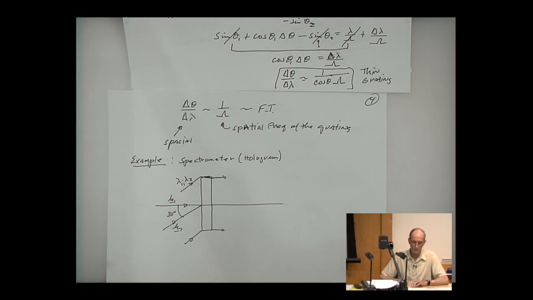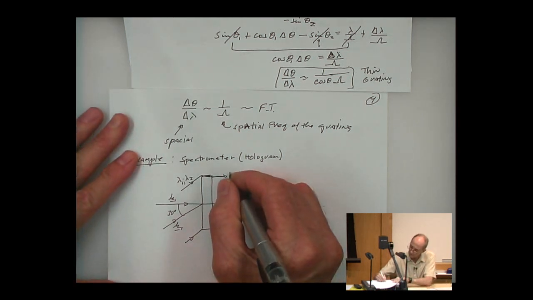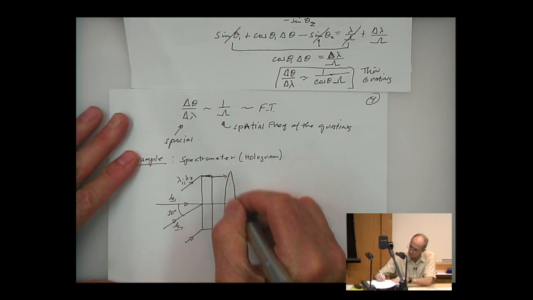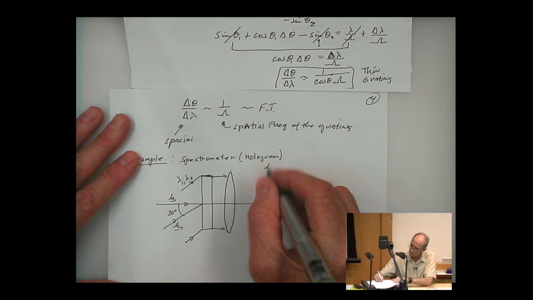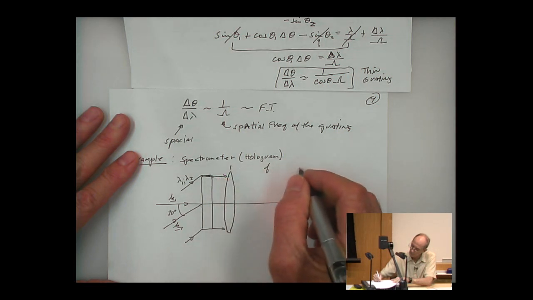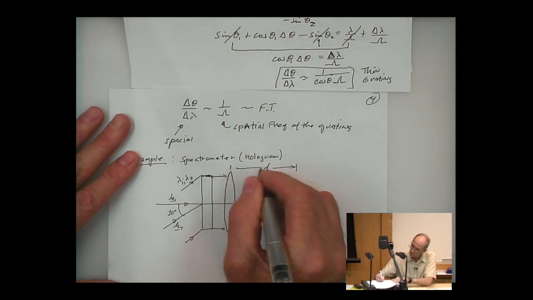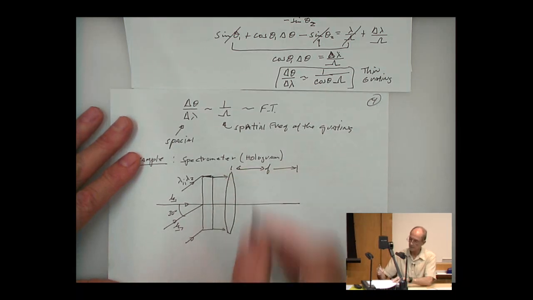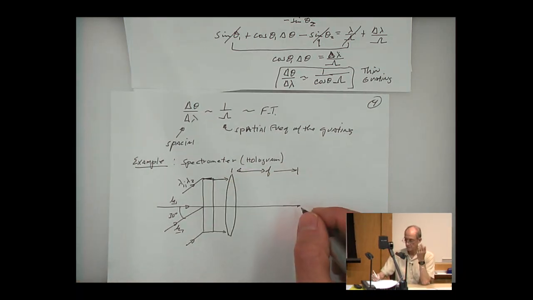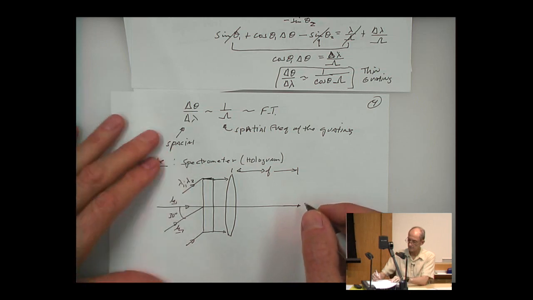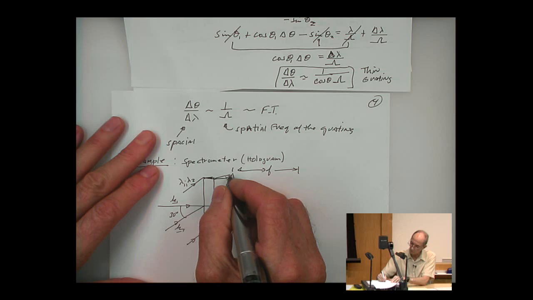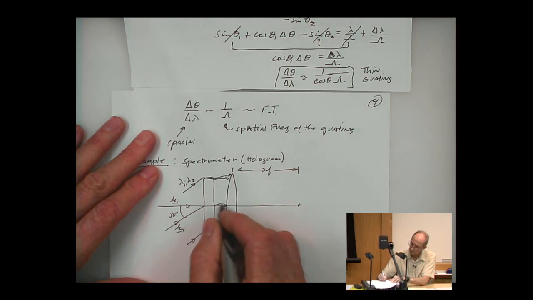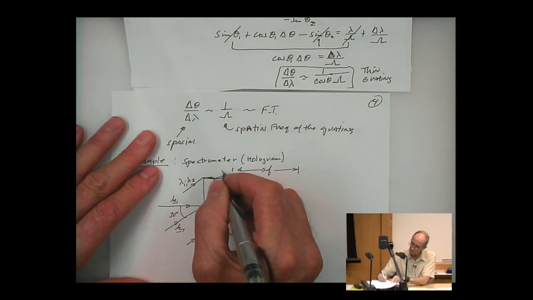So how can we make a spectrometer out of this? Well, we can do that by putting a lens here. And, of course, the lens has a focal length. First, if we just look at one wavelength, say the design wavelength for this grating, because lambda 2 is going to go off in a different direction.